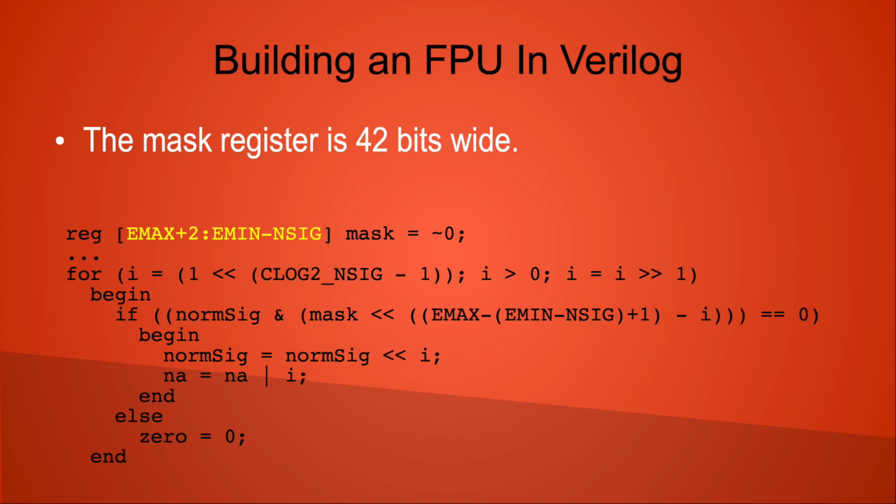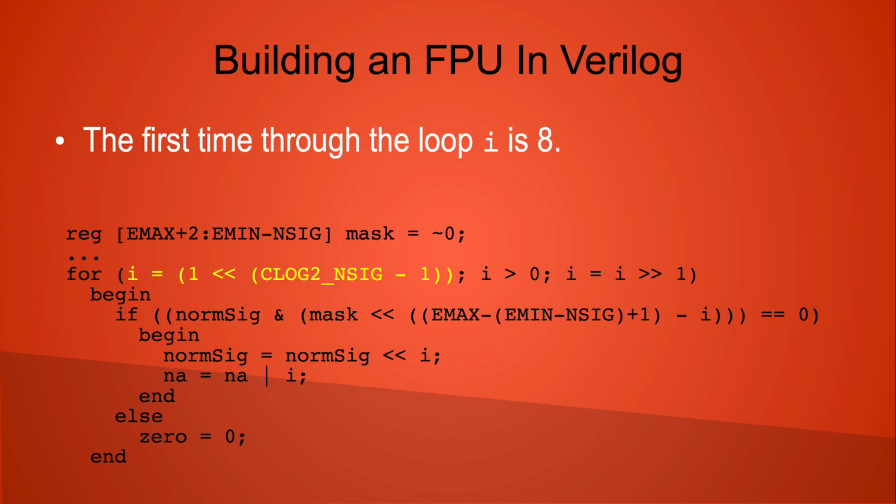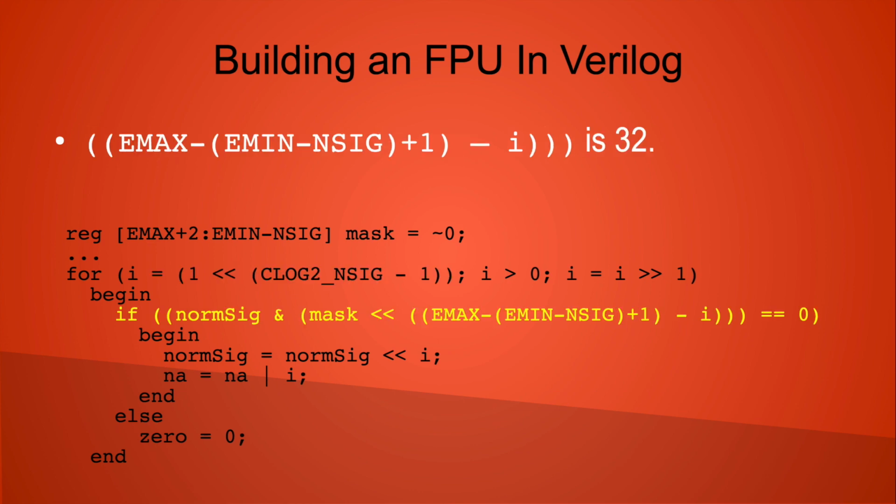The mask value is 42 bits wide. This is the same as the other significand registers augend sig, addend sig, and sum sig. When the mask value is declared, it's initialized to hold all ones. The first time through the for loop, the value of I is 8. Inside the for loop, the test condition for the if statement calculates the amount to shift the mask to test the bits.